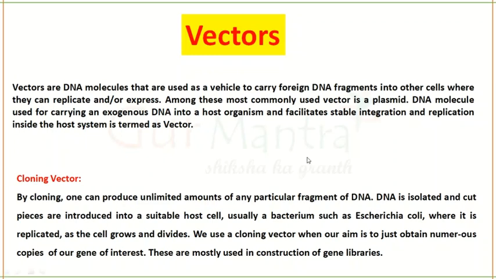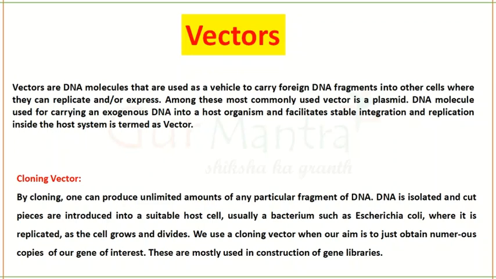DNA is isolated. So the first step is isolation of DNA, and then cut pieces are introduced into a suitable host cell. The whole DNA we cannot put inside the vector. So whatever gene of interest is required for you, whatever protein you want to express or whatever DNA you are going to clone, that particular segment is called the gene of interest.